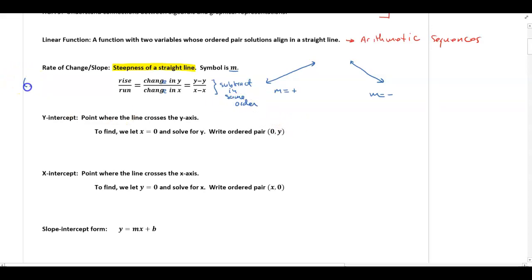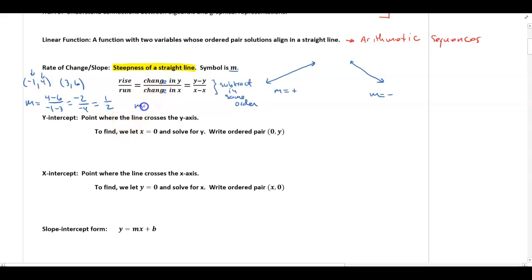For example, if I gave you 2 points here, say -1, 4, and 3, 6. When I go to find the slope or rate of change, I would subtract the y's. So 4 minus 6. Now, if I started with this 4 with the y's, I must start with -1 with my x's. So -1 minus 3, that would give me -2 over -4, which would simplify to 1/2.